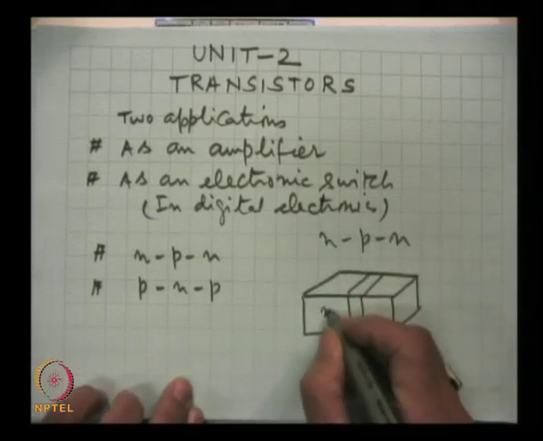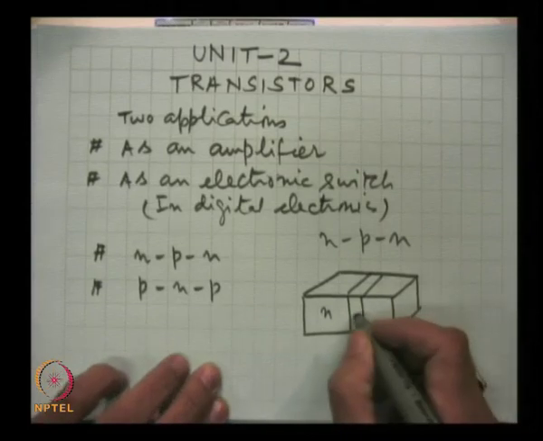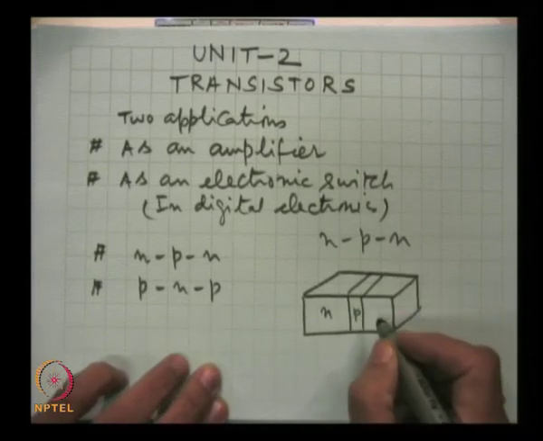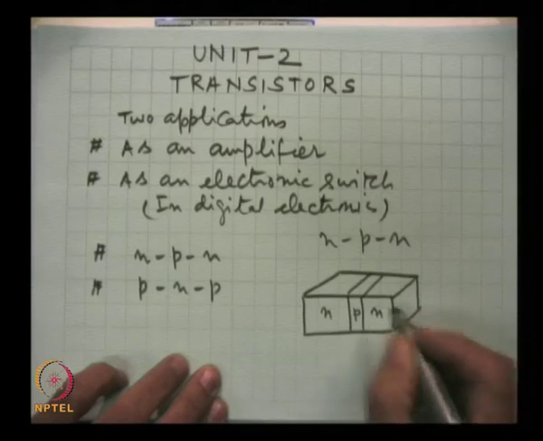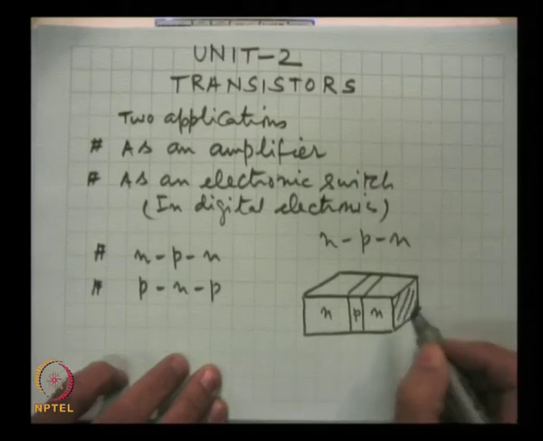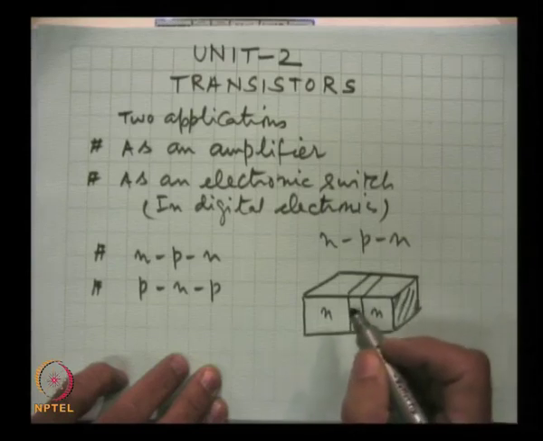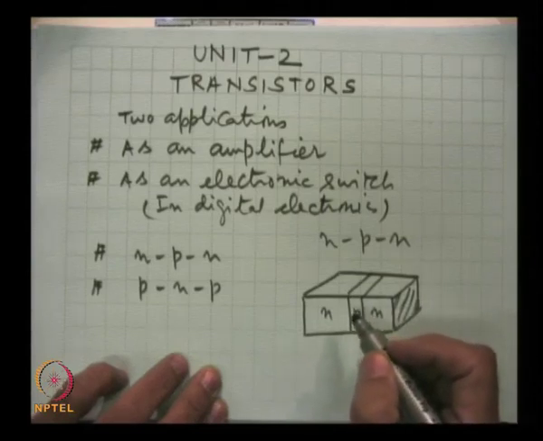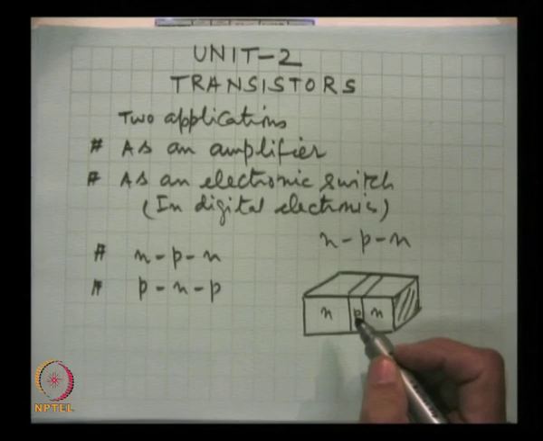So, this is N type semiconductor, this is P type semiconductor, and again N type semiconductor. There are ohmic contacts. By ohmic contacts we mean that contacts are of two types, ohmic contacts and rectifying contacts.